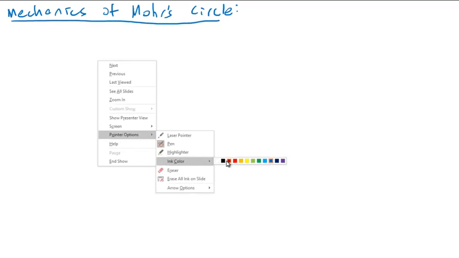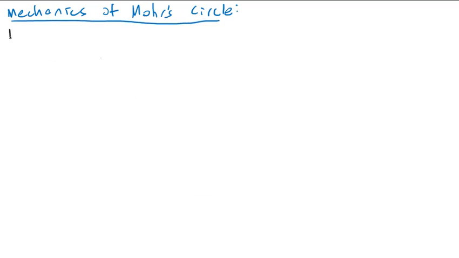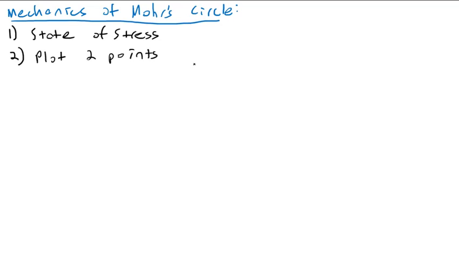So we start with the state of stress: our sigma x, our sigma y, and our tau xy. That's what we start with. Two, we plot two points representing stress on two orthogonal planes.